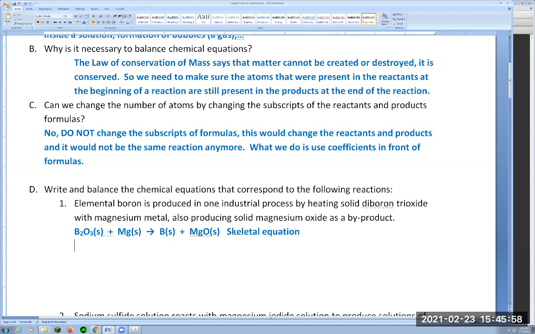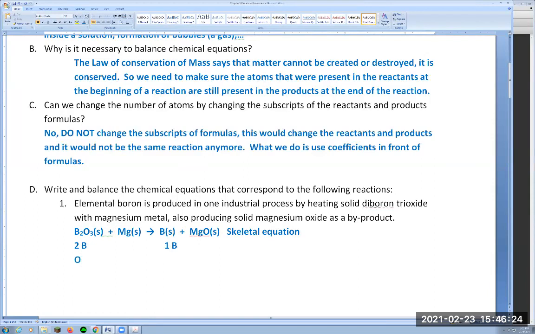The way to balance is that you start by counting the number of atoms of each kind on both sides of the arrow. So you start with boron. On the left side, we have 2 borons from that subscript here. On the right side, we have 1 boron, the elemental boron.